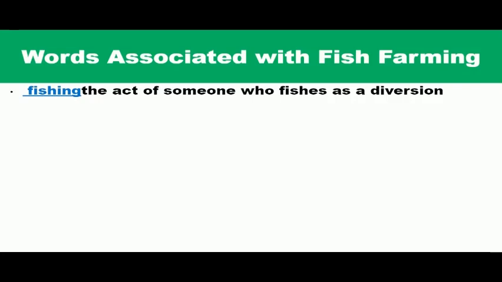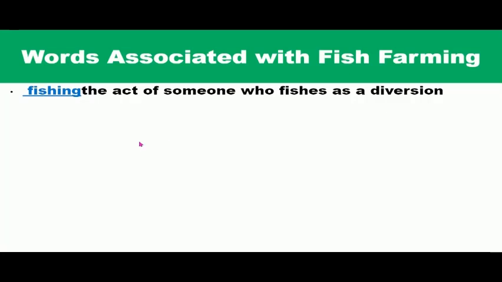So you will find detailed explanation. Then, if you want to have full explanation of words associated with fish farming, then you look for the video lesson we already have on words associated with fisheries. But here, let's just have a quick look at words associated with fish farming.